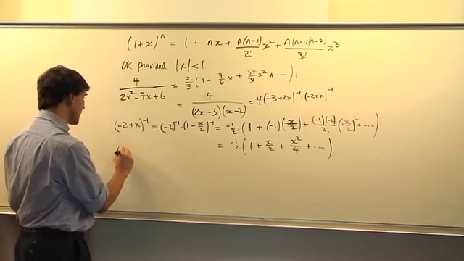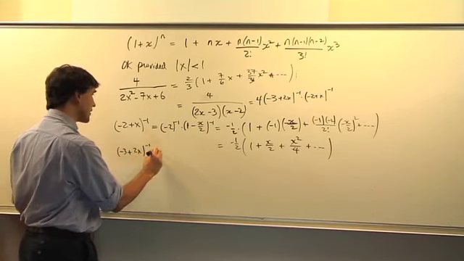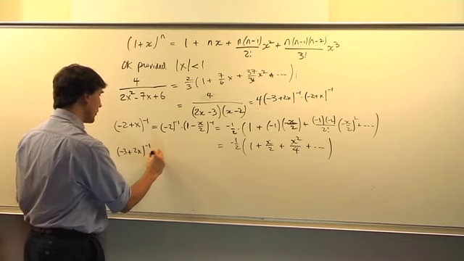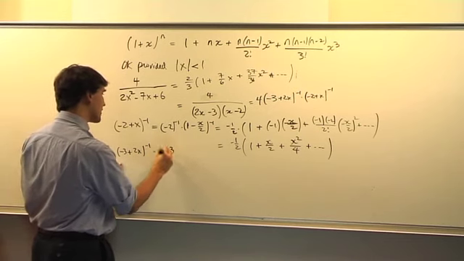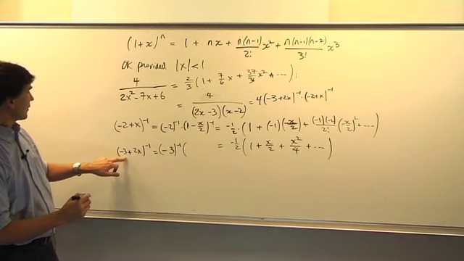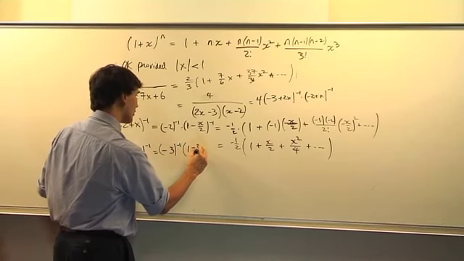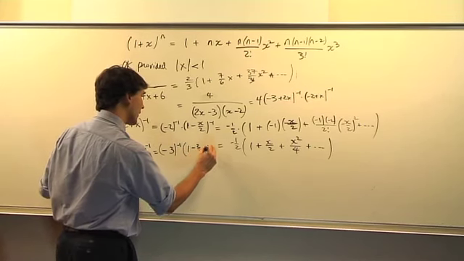So it is minus 3 plus 2x to the power of minus 1, which is, well, we need to bring out a minus 3 to the power of minus 1, and then to make the front look like 1, we're dividing by minus 3. So it is 1 minus 2/3 x to the power of minus 1.